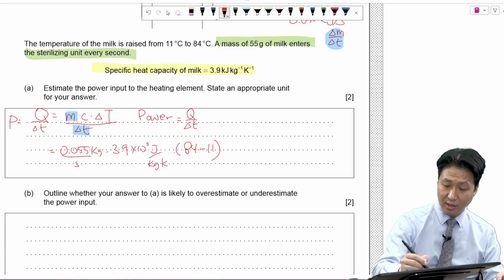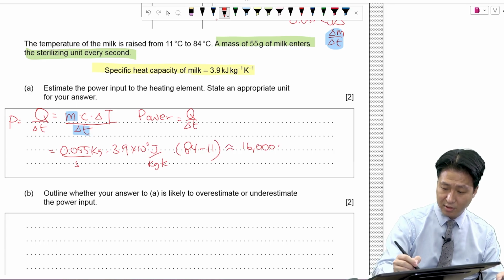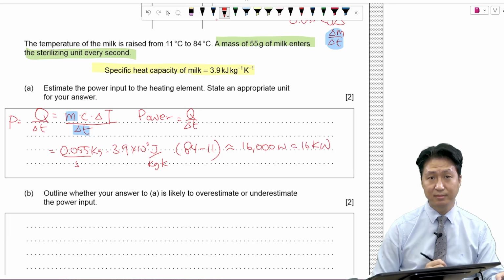Using all these values, you get approximately 16,000 watts, which would be 16 kilowatts.